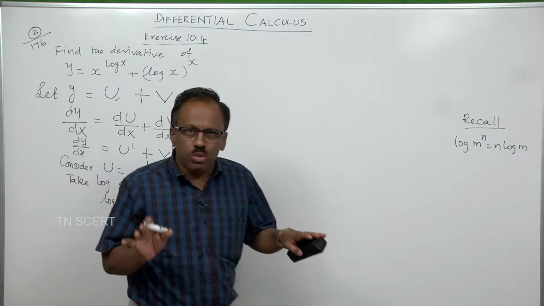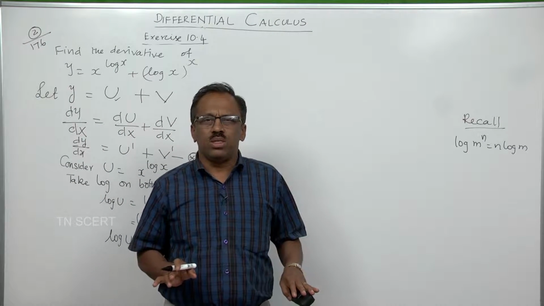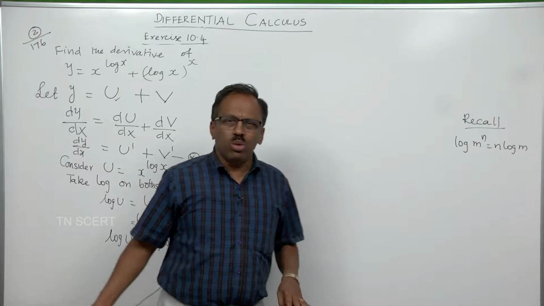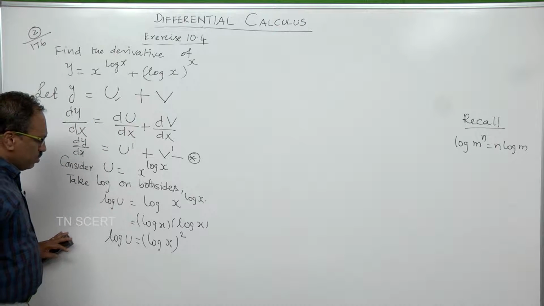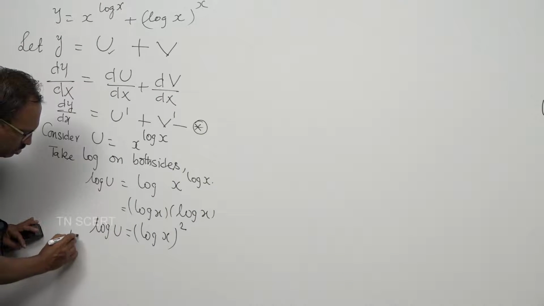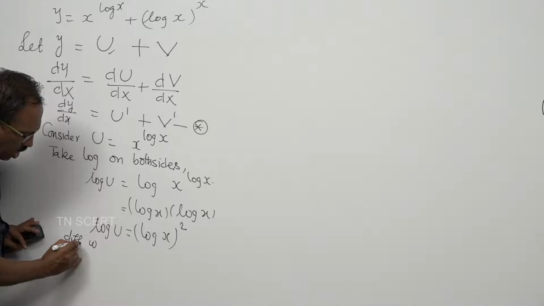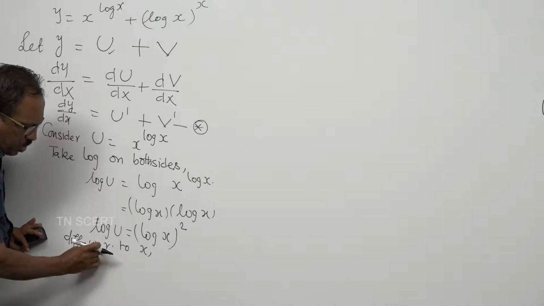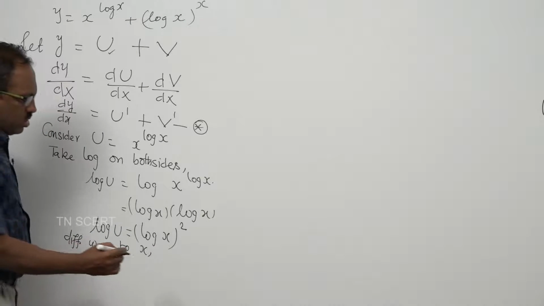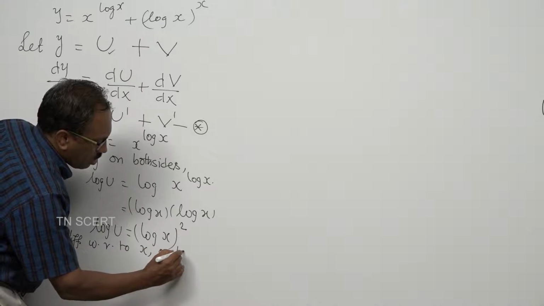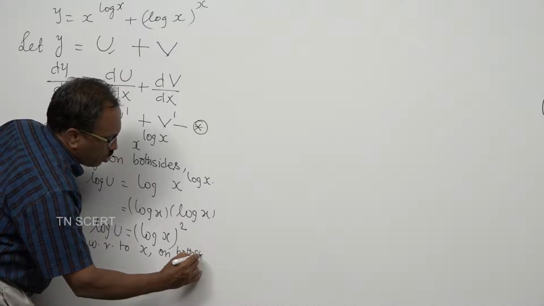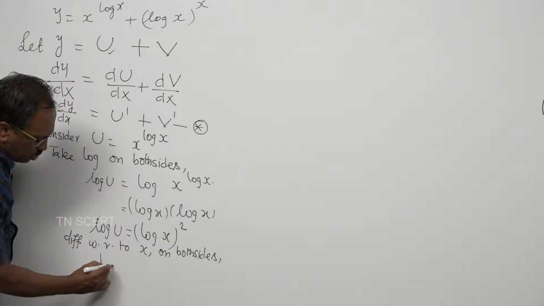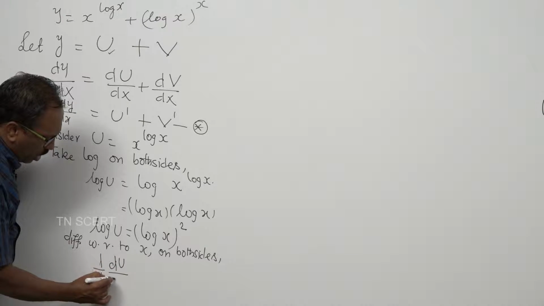We have to differentiate now. Now only we are going to start with the differentials, with respect to x. Remember that, so you don't forget what you are going to do. I am going to differentiate with respect to x on both sides. Log u gives 1 by u, du by dx.